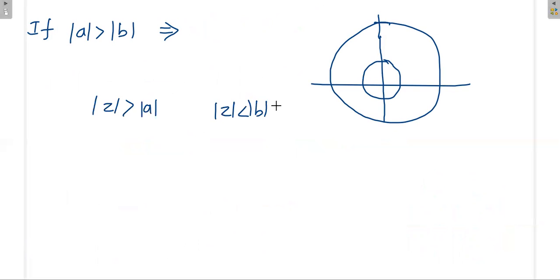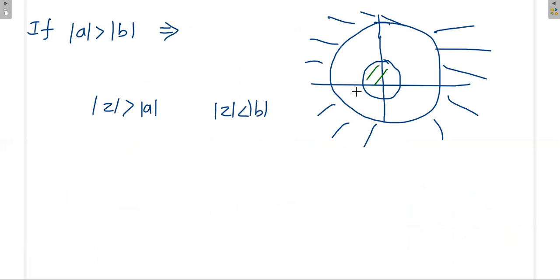In one way, this is the ROC for the first signal. In another way, for the second signal, the ROC is inside, because a is larger and b is smaller. So mod z less than b means inside this circle, and mod z greater than a means outside this circle.